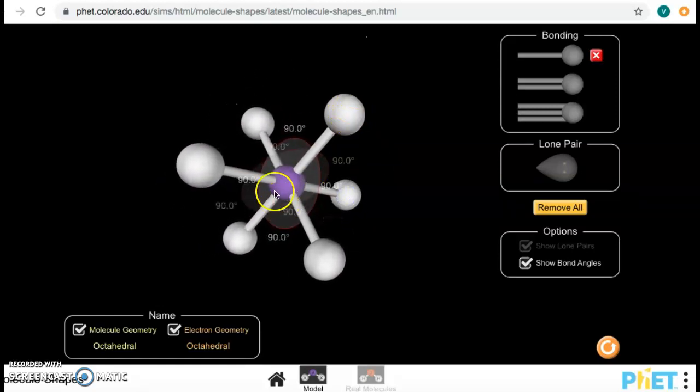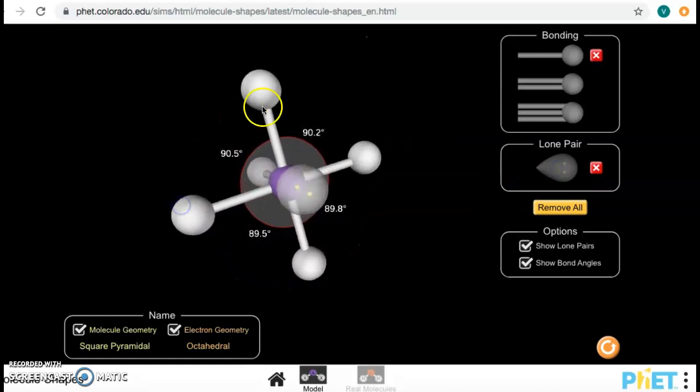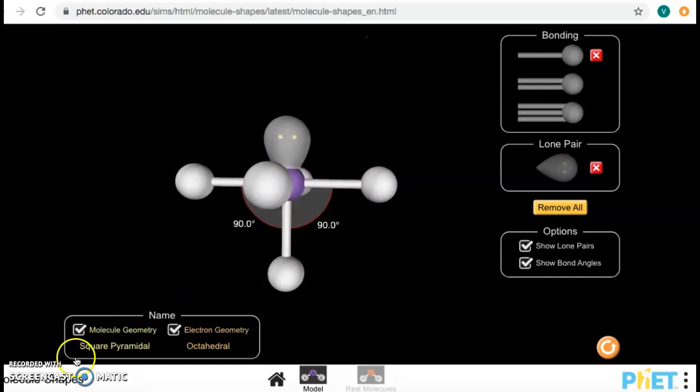All of these are 90 degrees apart, and we call it an octahedral. If there's no lone pairs, then these are the same. If we replace one with a lone pair, it doesn't matter which domain location it occupies. And we're left with a square pyramidal molecular geometry. So this is occupied by a lone pair, so if we don't see it, this is what it looks like.